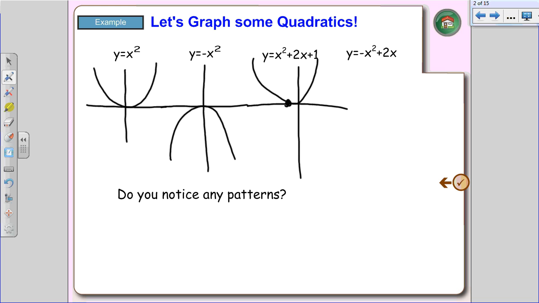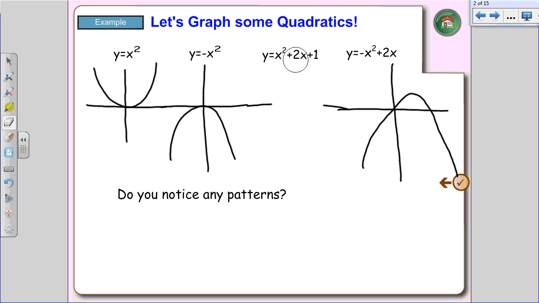So we're losing that 1. And graph again. And we get something like that. I'm going to fix this middle one just because it doesn't look very good. There we go. That's a more accurate drawing.